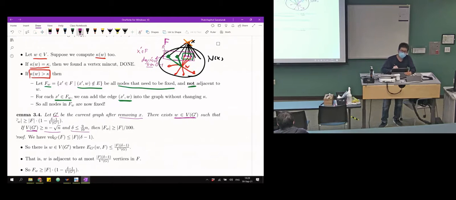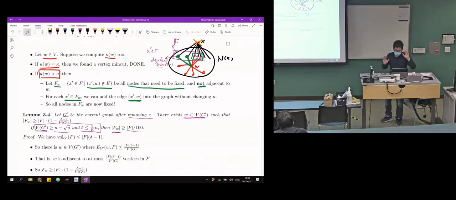And we assume this. So given these two things, FW would be a bit bigger than F. It's at least a constant fraction of F.